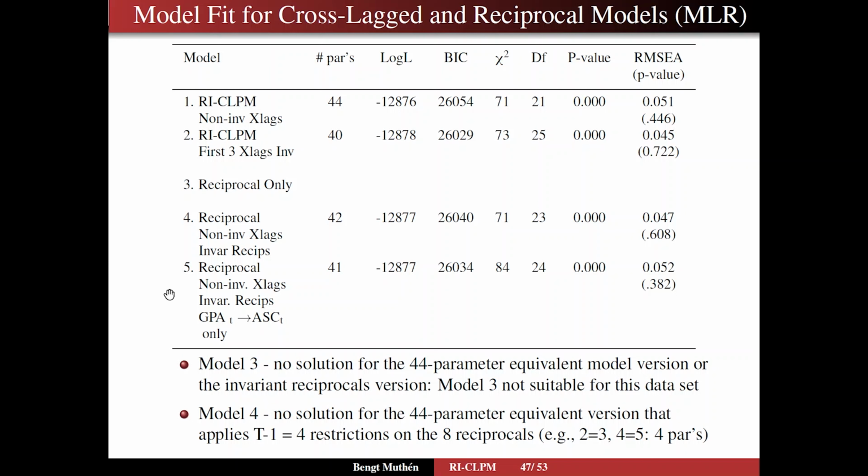If you then turn to model type C, the reciprocal model, which allows reciprocal interactions and cross-lagged effects, then we notice here that I go for a 42 parameter model, not the equivalent 44 parameter model. That is again because of no solution; I was not able to get a solution for the 44 parameter equivalent version, which would apply only t minus 1, that is 5 minus 1, 4 restrictions on the 8 reciprocals.